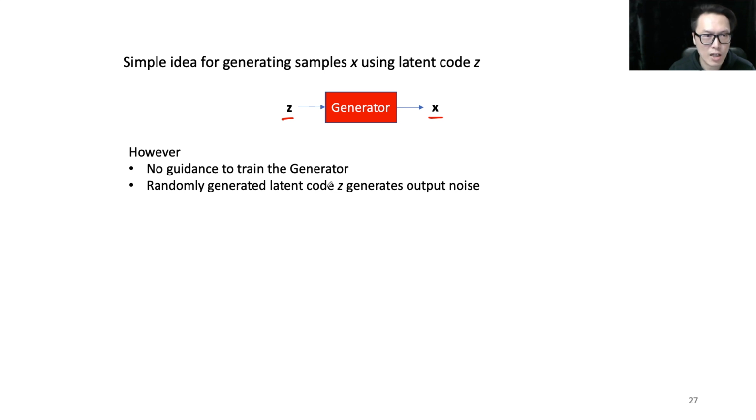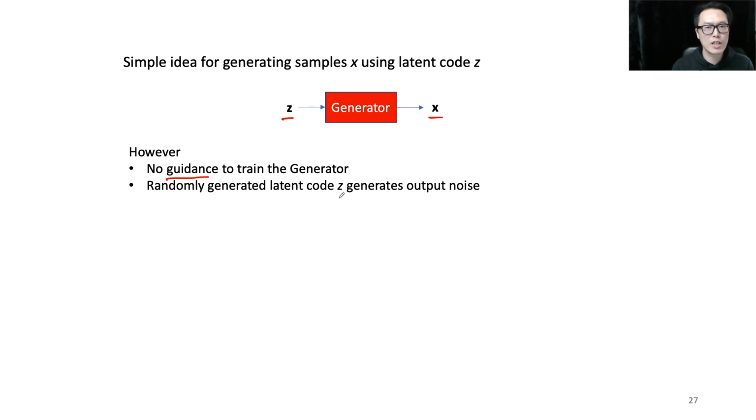However, although this idea is simple, how do we train the generator so that it goes from noise to meaningful samples? This is also very difficult because we cannot simply use supervised learning, since we cannot give a label to a random noise.